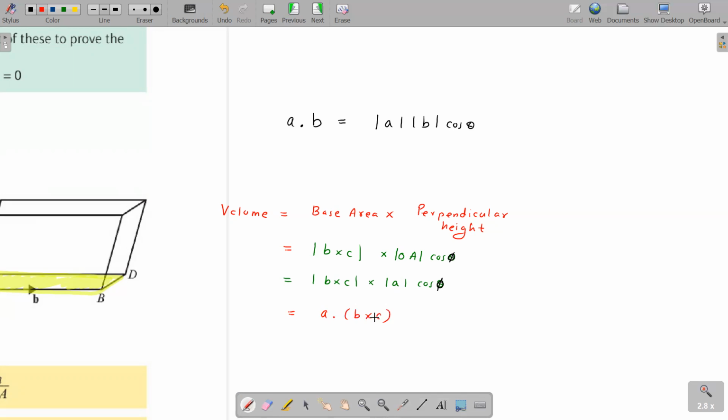If you switch the dot product, it's completely fine. So this is A dot B cross C, and this is how the volume of a parallelepiped is found. Okay, then let's move to the next part.